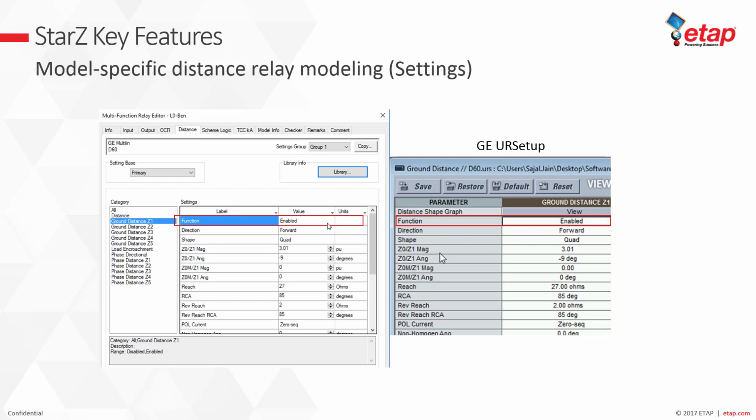So same settings, same ranges, same labels. Even the same order of the settings as well. So direction, direction, shape, shape. Zero sequence compensating factor, in the same way that the manufacturer asks for the settings, with the same ranges, defaults, and labels. You see the same thing on the ETAP side.